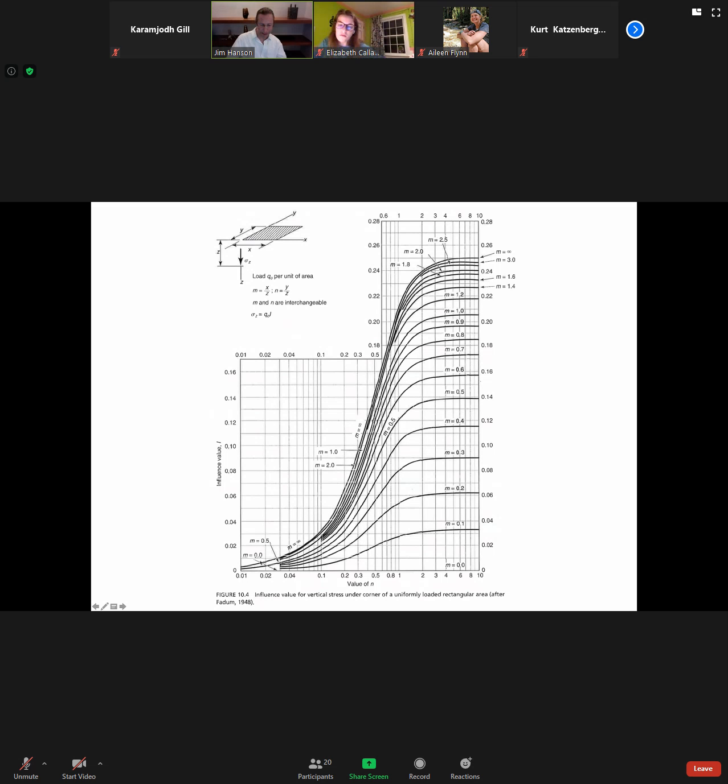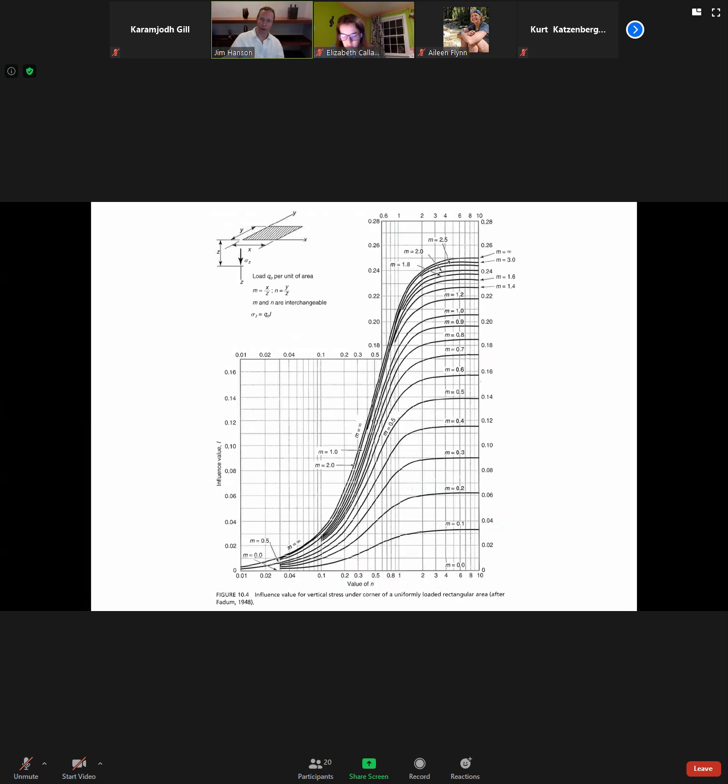But back to the importance of it: it is important that you read the captions and the footnotes and things like that in these tables, and you adhere to it, or else you're not using it properly. And this chart, I should say, is used to obtain the stress beneath the corner of a rectangularly loaded area.